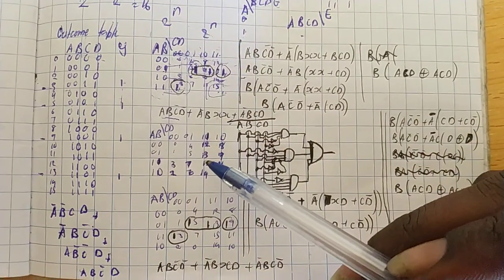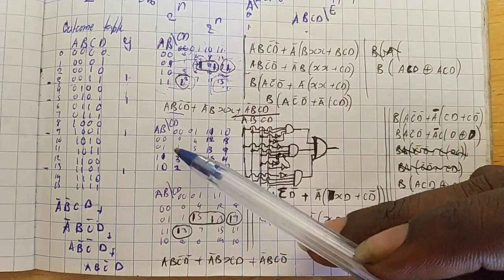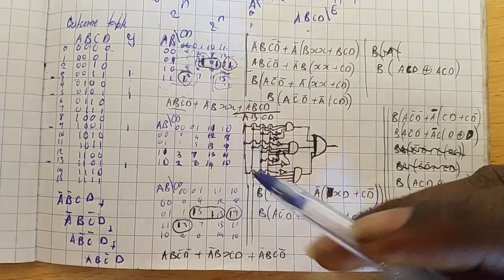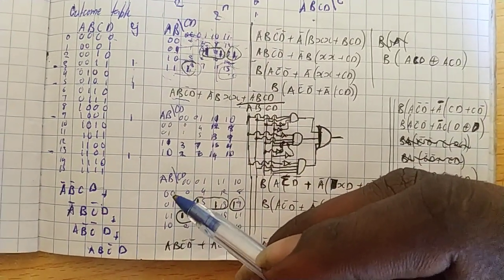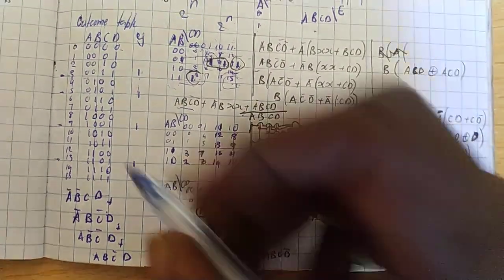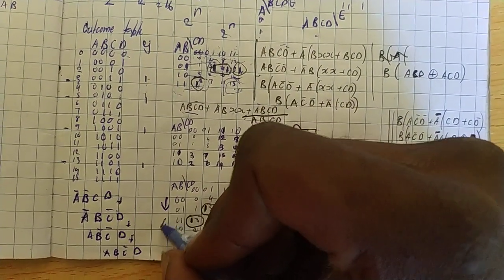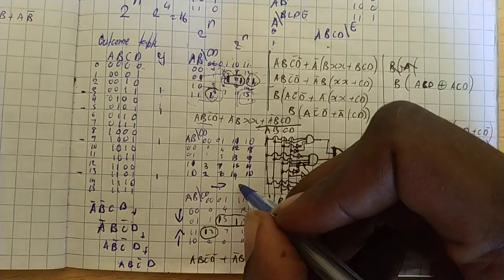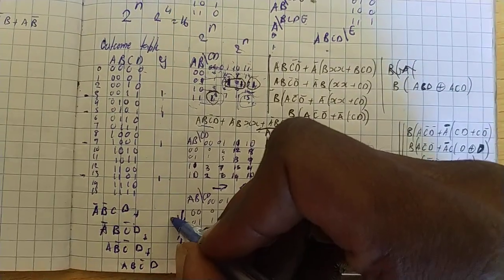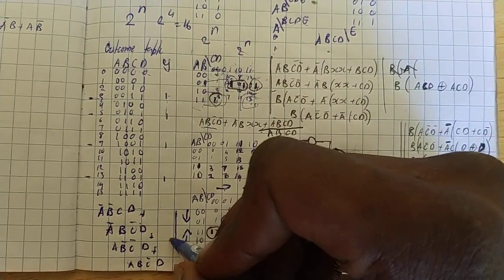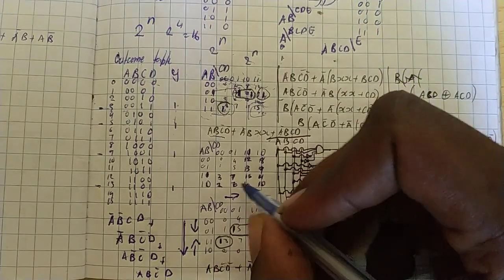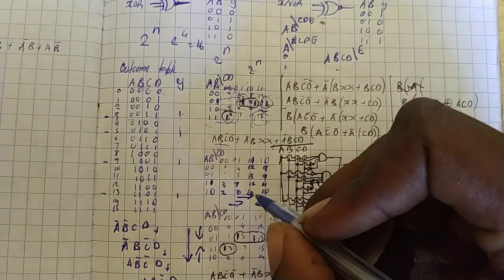The other way, when it comes to engineering, there's a method called Gray code numbering. So the numbering is like this, going down, going up, and then the outer box is going like this.